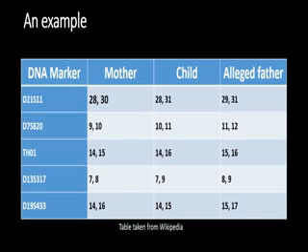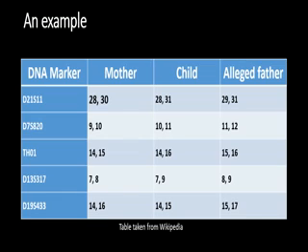I have taken it from Wikipedia. Here we have STR profiles of three people. The first one belongs to a mother, the second one of a child, and the third one is of a man the child alleges as his father. The first marker is D21S11. The mother has allele numbers 28 and 30, and the man has allele numbers 29 and 31.